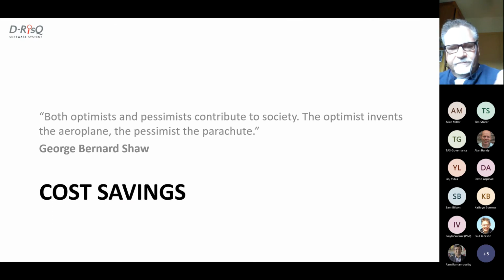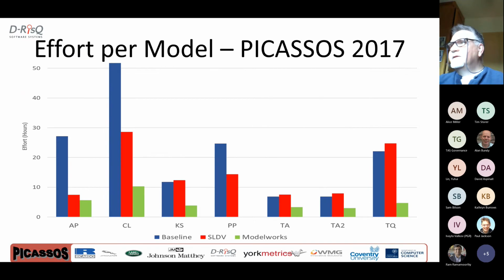Cost savings. So I remember I was saying that what I hang my hat on is what you can measure, which is the time it takes and how much it costs. So this is something we did back 5 years ago, which partly fed into the electric vehicle for Land Rover.